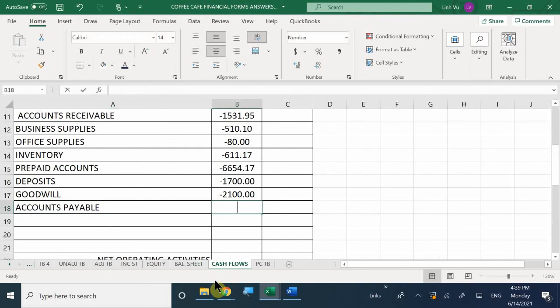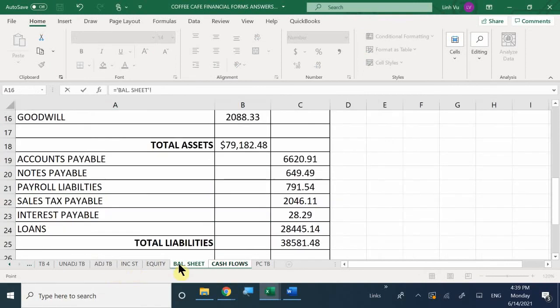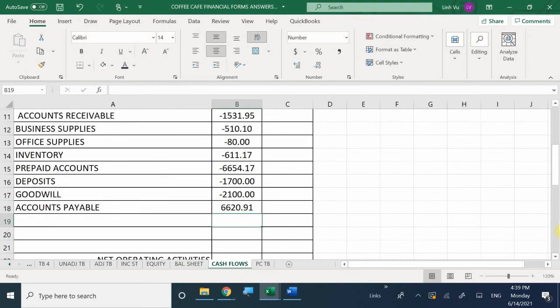If I owe a total right now of $6,620.91, the question is, did we pay them yet? No. So that means that's cash that we have. So in this case, we're going to add it to the pile.